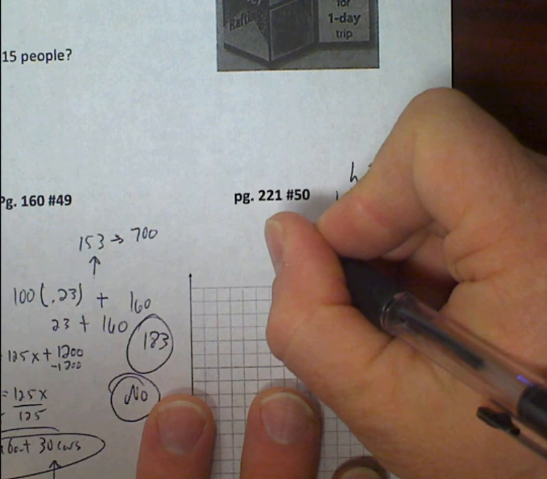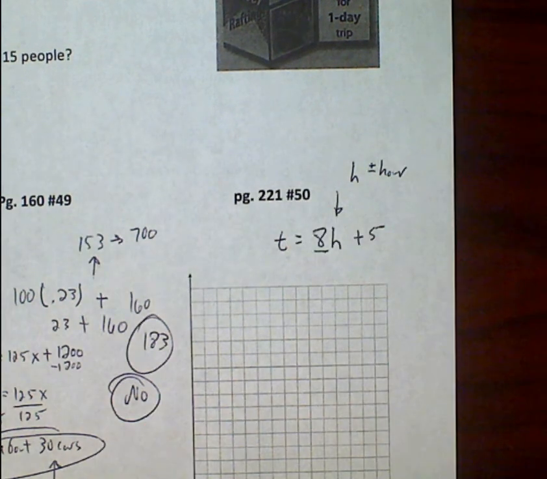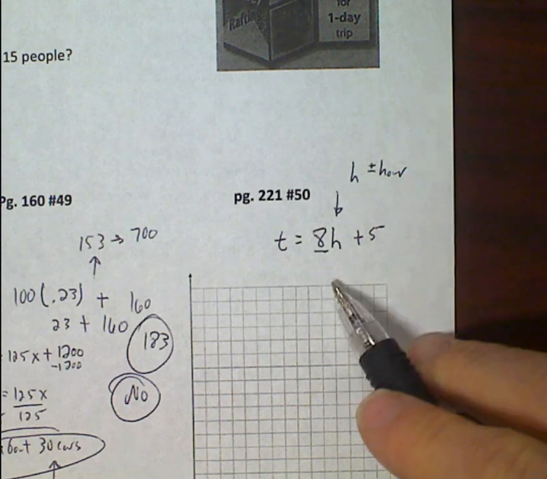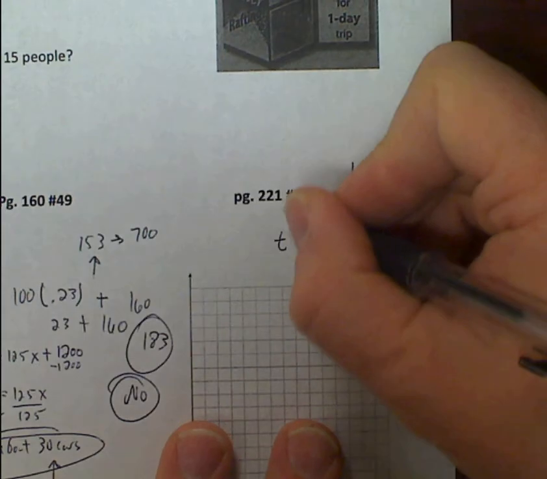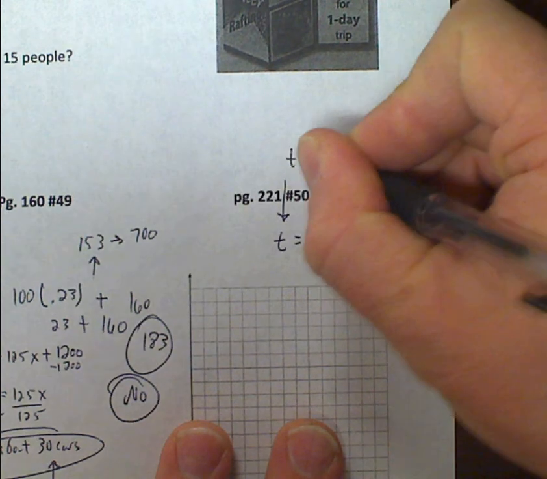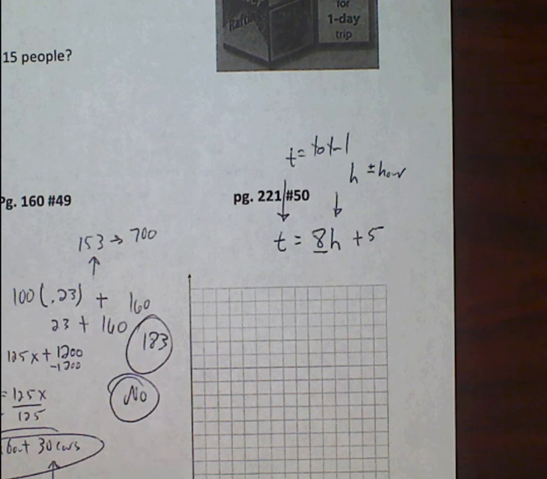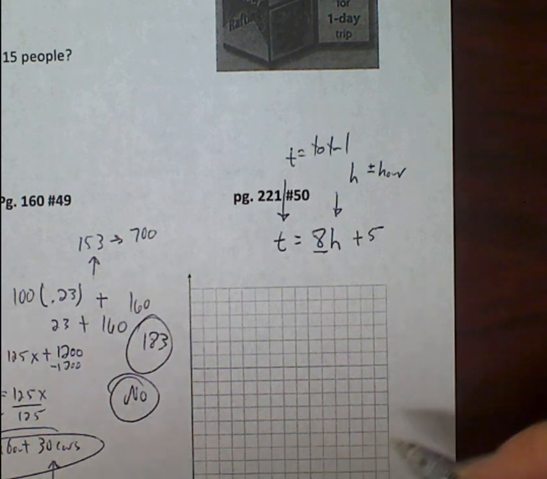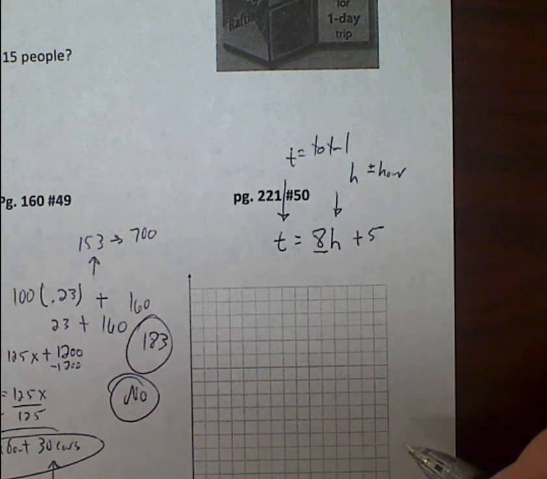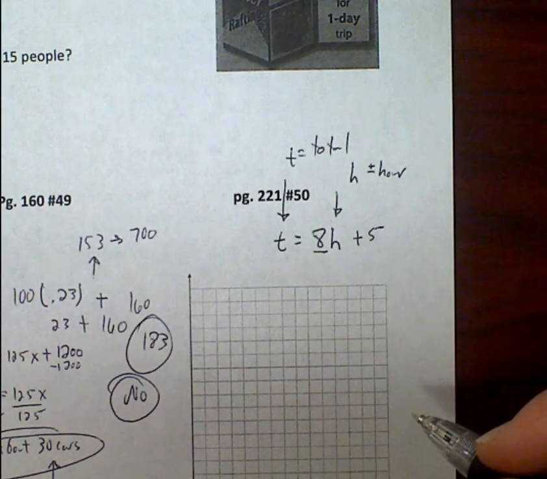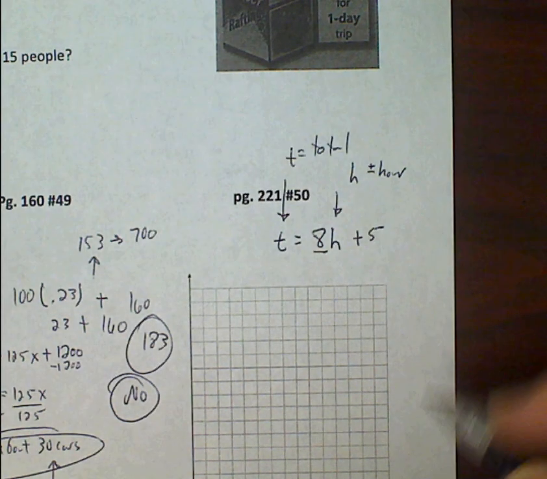I'm going to go ahead and let T be my total. So let's say T equals 8H plus 5. That's the same as Y equals 8X plus 5. So I'm going to let T stand for total. So here we go. It says write an equation in slope-intercept form for the total cost C for a helmet of a bicycle for T hours.